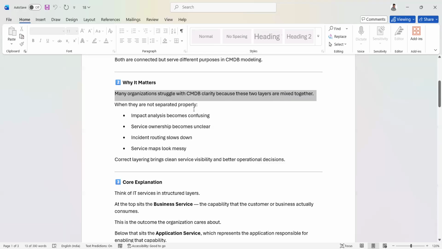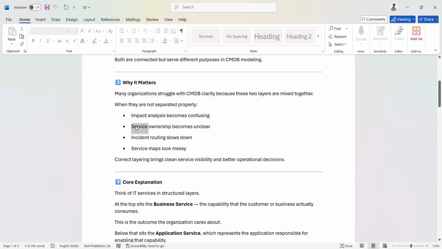What are these issues? If these are not separated properly, the impact analysis is confusing, obviously. When you do not know which one is dependent on the other, then obviously you are not able to do the impact analysis.